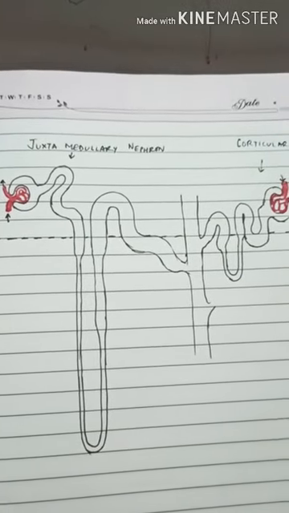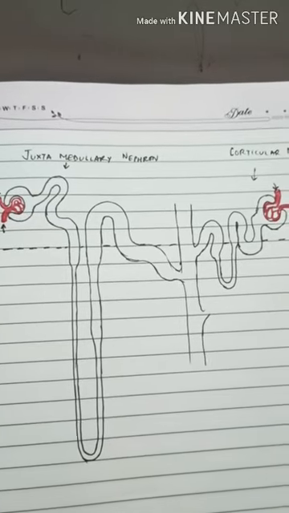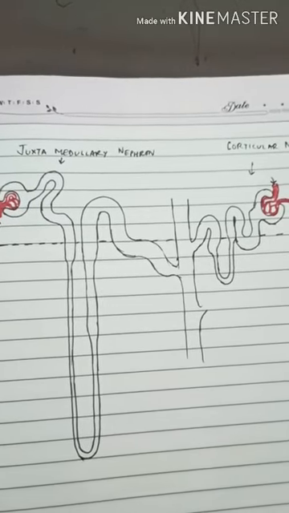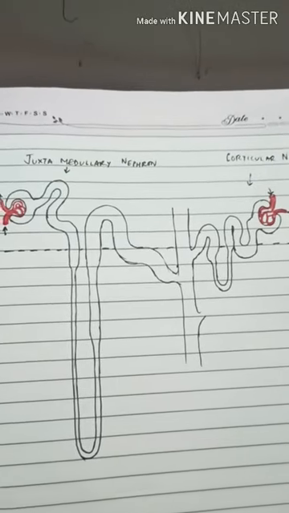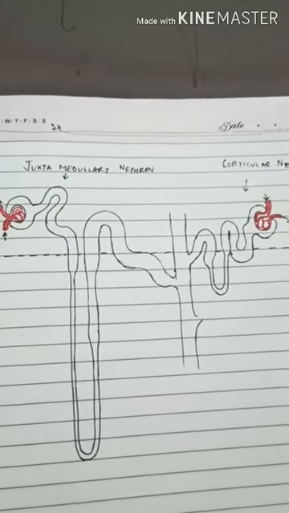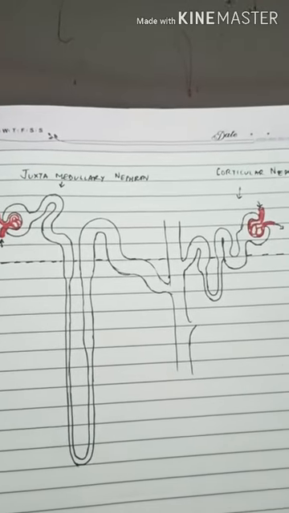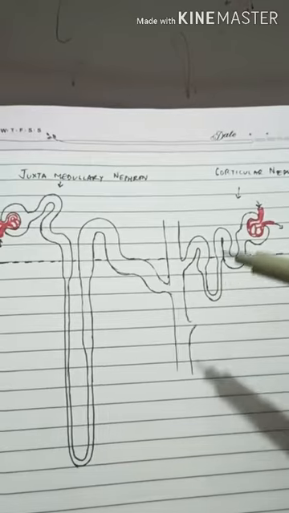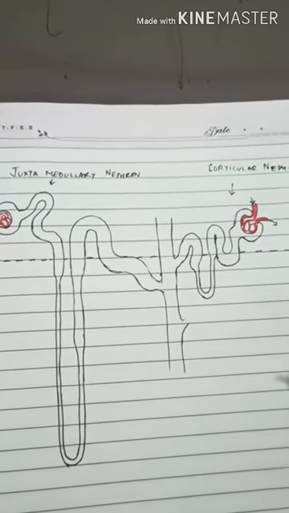and the formation of the urine also takes place properly. If you remember, it was discussed that the glomerular filtration rate for a day is 180 liters, meaning in a day the kidney processes 180 liters of blood and forms urine, but the final urine is not 180 liters but only 1.5 liters.